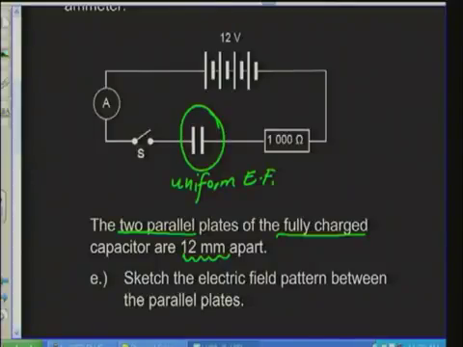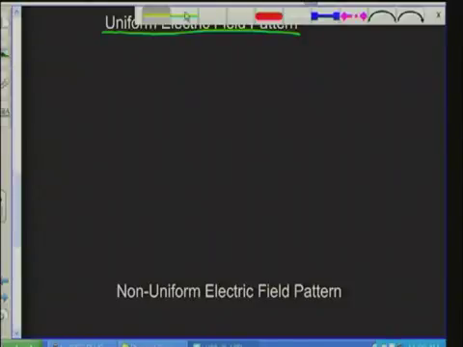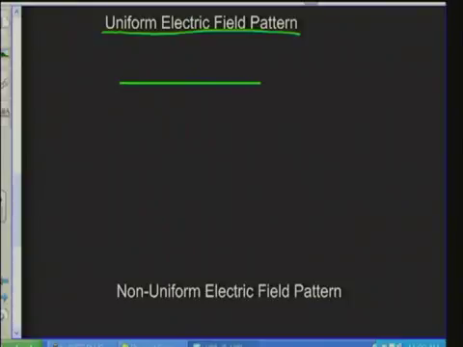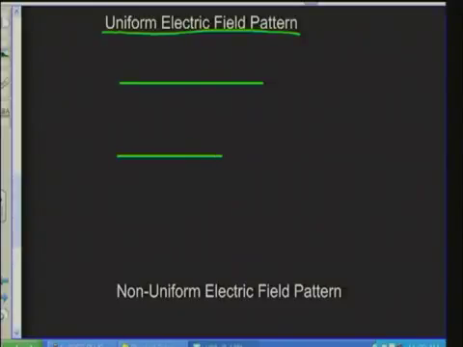So let me just draw it in here. So let's say this is my first plate there, and then the second plate down here.